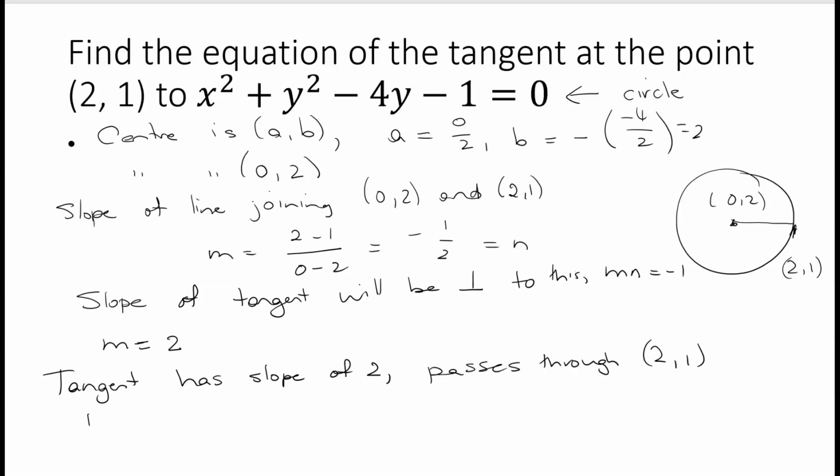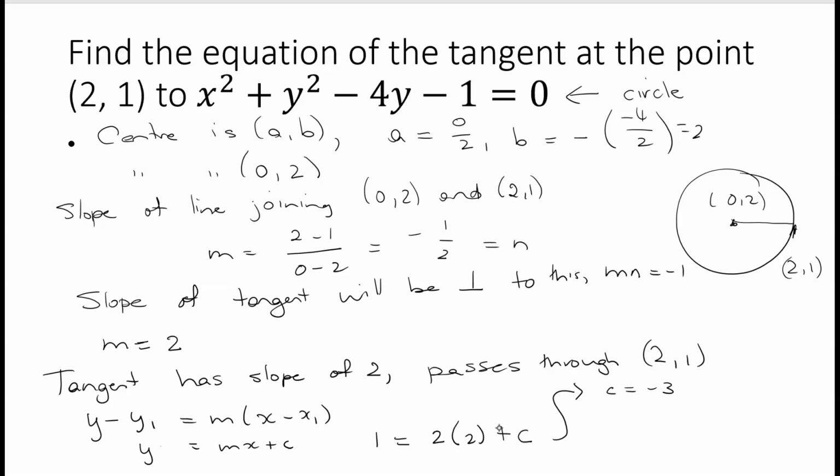We could use y minus y1 equals m times x minus x1, or we could just use y equals mx plus c, doesn't matter. If we use the bottom one, then 1 is equal to 2 times 2 plus c. So running out of space there. So c equals negative 3.